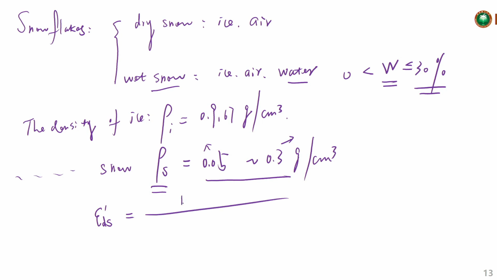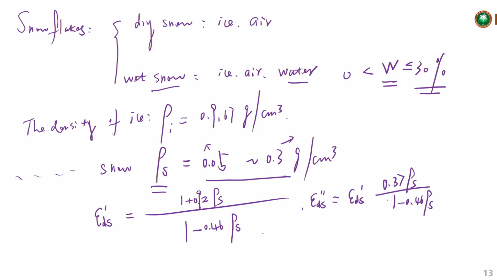The real part is related to its density, minus 6 s, and the imaginary part is related to the real part times 0.37 s divided by 1 minus 0.46 s squared. So these are the expressions for the dry snow.